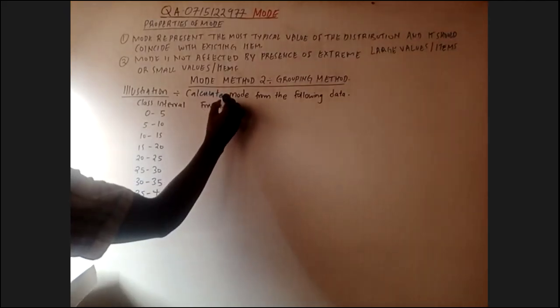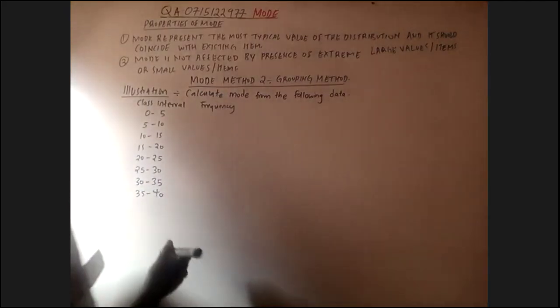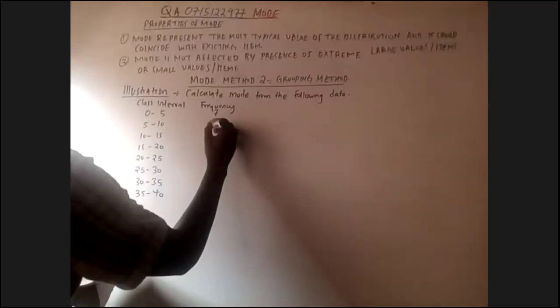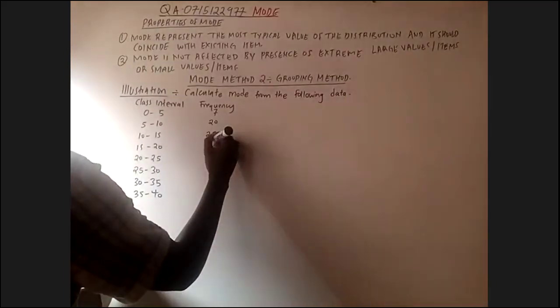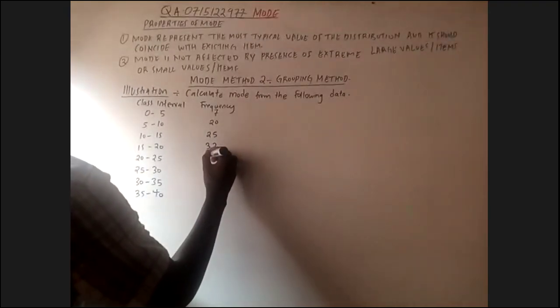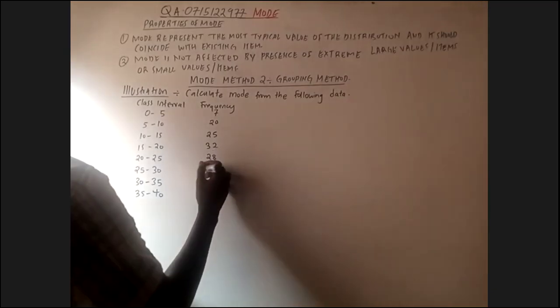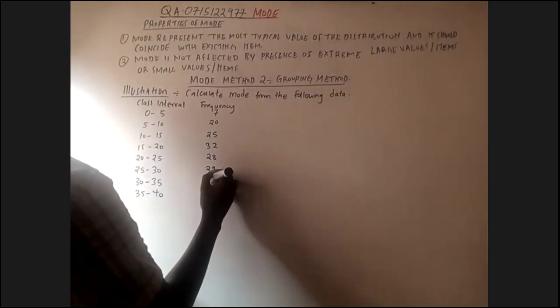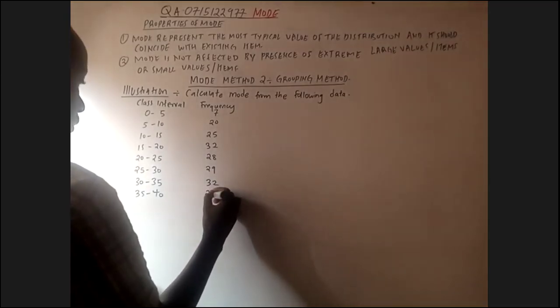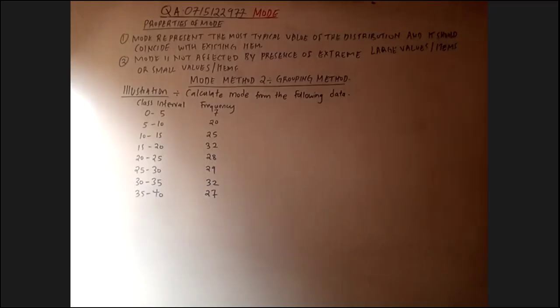We have our frequency, which is 7, 20, 25, 25, 32, 28, 29, 32, 27. Now calculate mode from such kind of data.